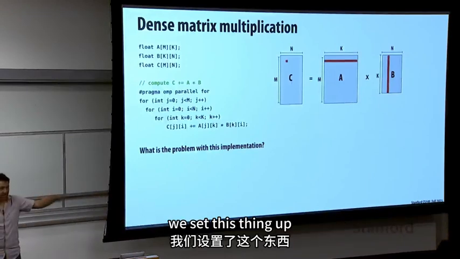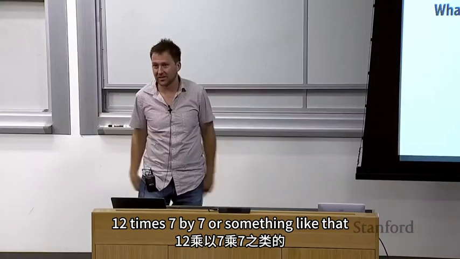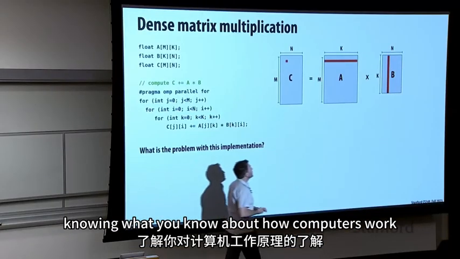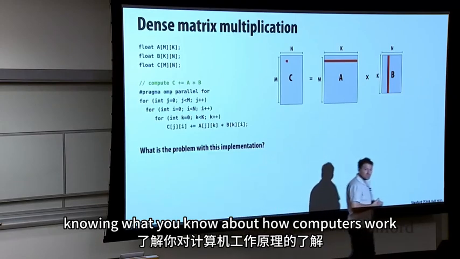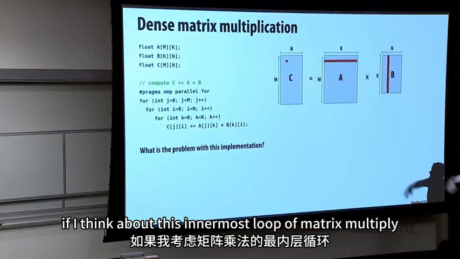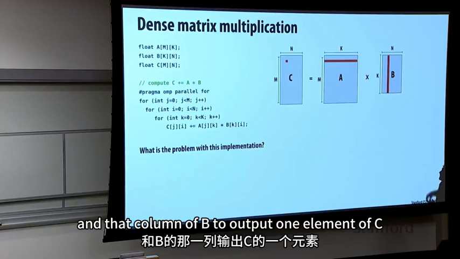N can be quite large, because n might be 512 times 7 by 7 or something like that. These might be gigabyte-sized matrices. Knowing what you know about how computers work, what do you see as the problem if I think about this innermost loop of matrix multiply? It's reading that row of A and that column of B to output one element of C.